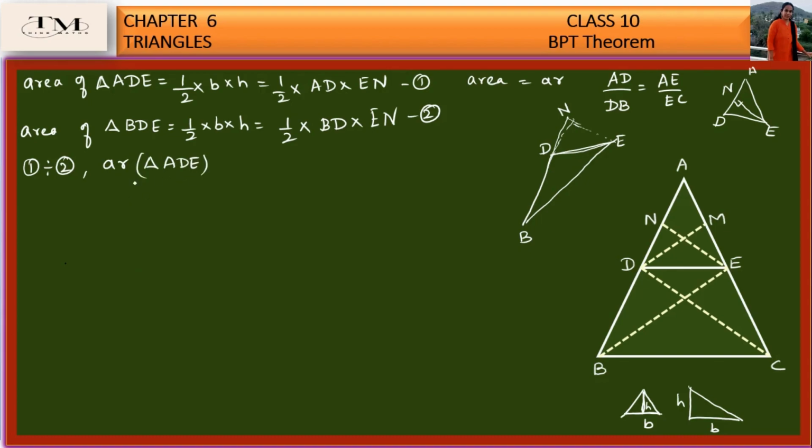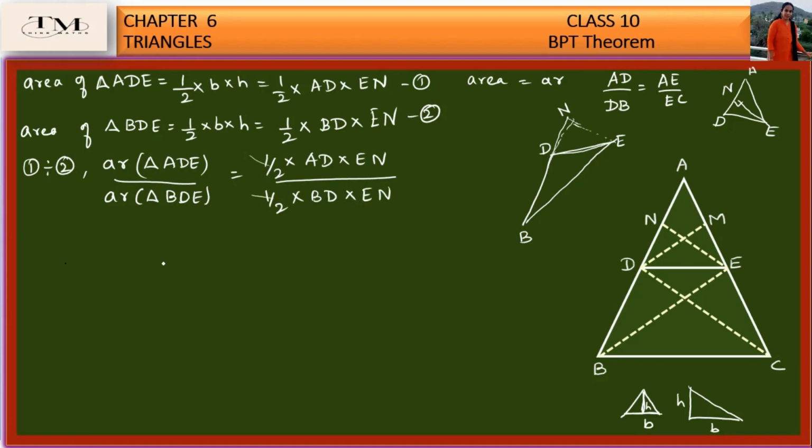So area of triangle ADE divided by area of triangle BDE, which is equal to half into AD into EN divided by half into BD into EN. So this half gets cancelled and this half gets cancelled. EN gets cancelled. So we get AD by BD. So BD can be written as DB. So AD by DB. So we got this value.